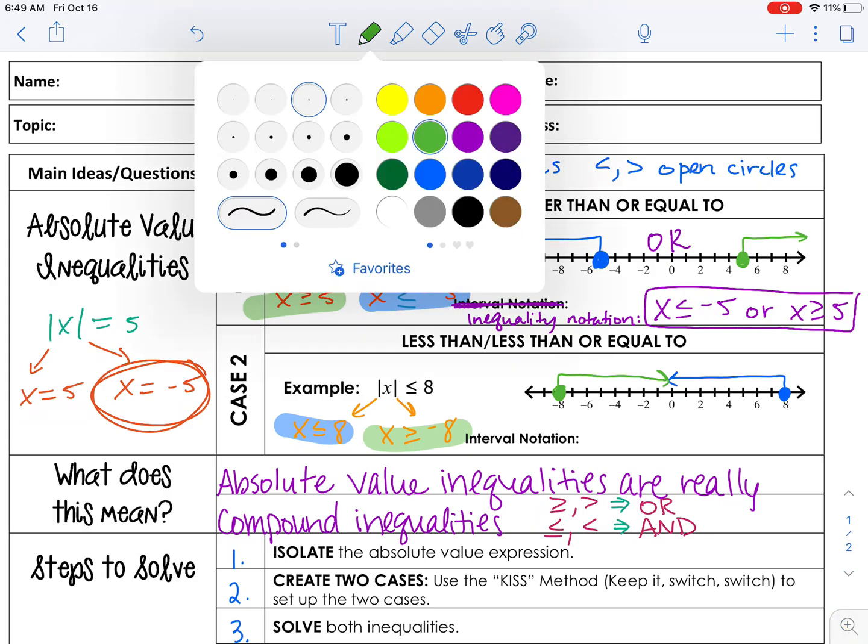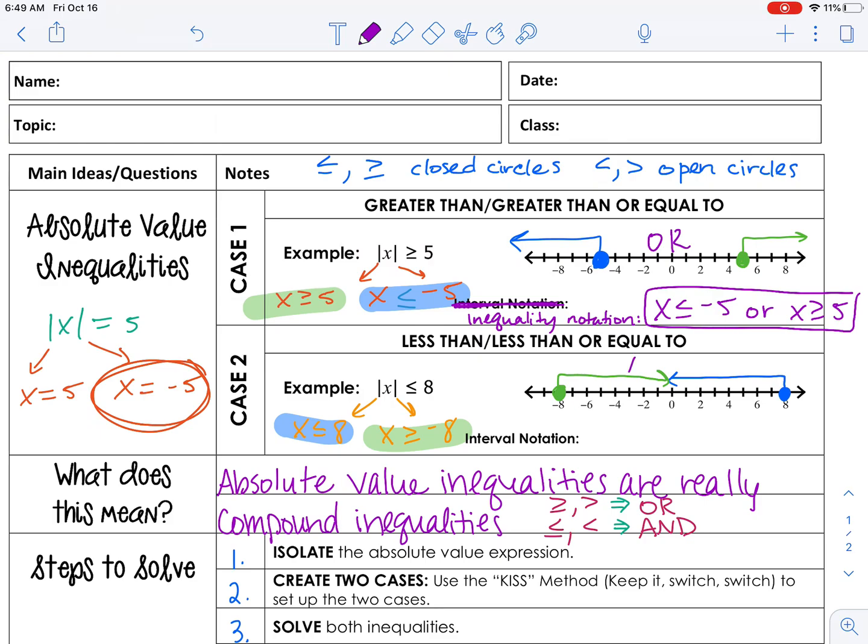Okay, you notice from this graph that this is an and. Okay, so a or goes apart. Talked about this yesterday. And goes together. So my arrows are coming in, going together.